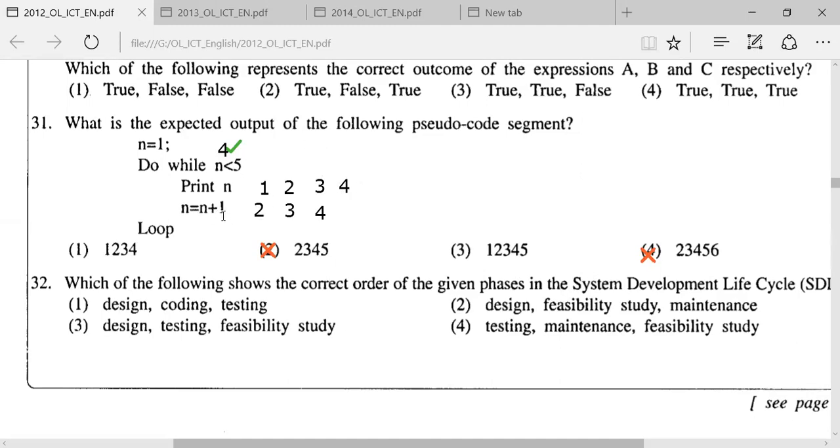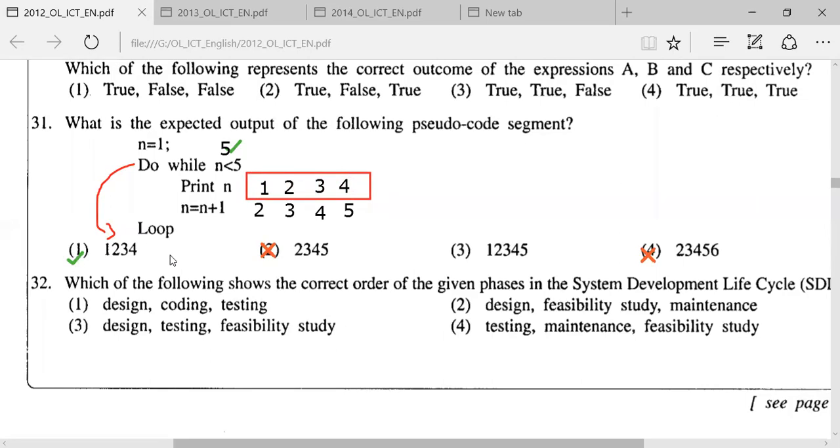For n equal n plus 1, 4 plus 1, which is 5. It will go back here. The value of n will be 5. 5 less than 5, it is false. So it will exit from the loop. They ask you the expected output, so you have to consider the print n outputs: 1, 2, 3, 4.